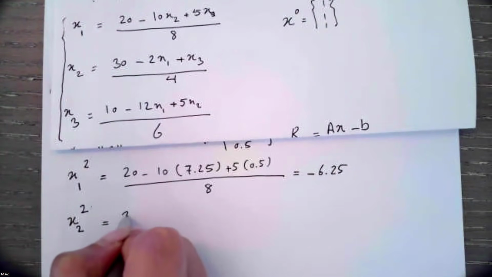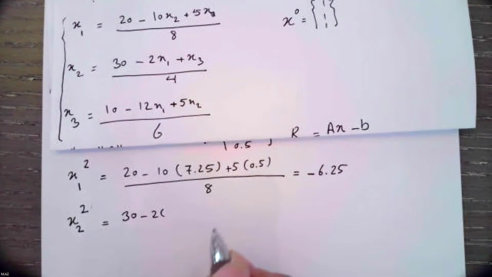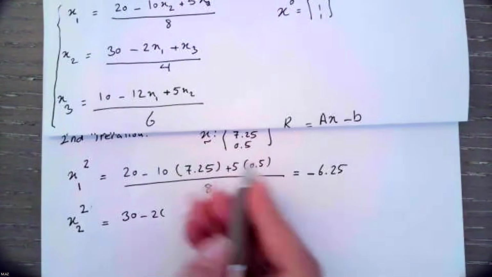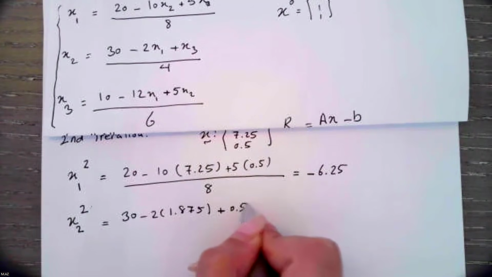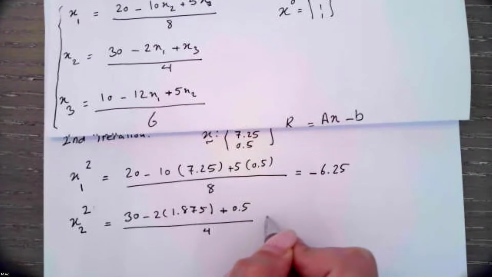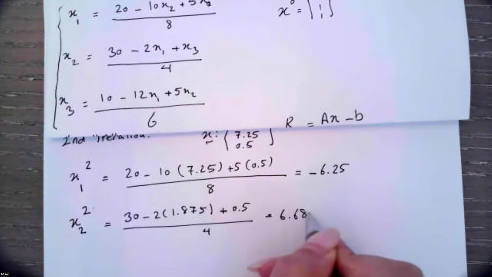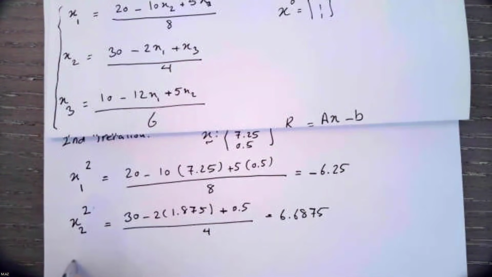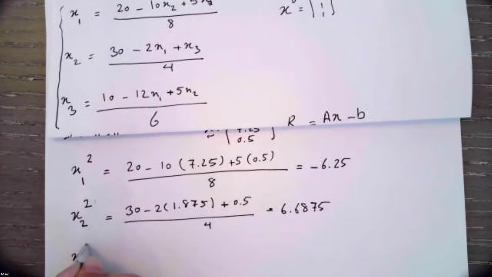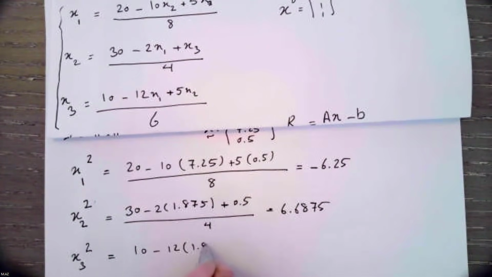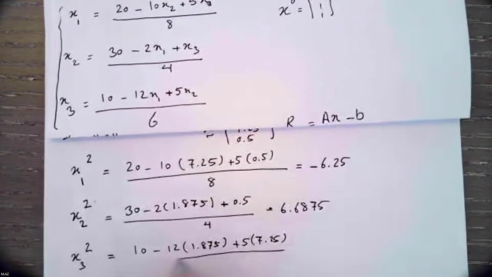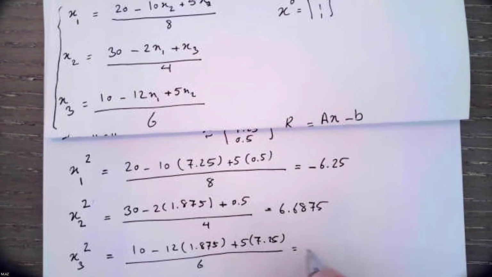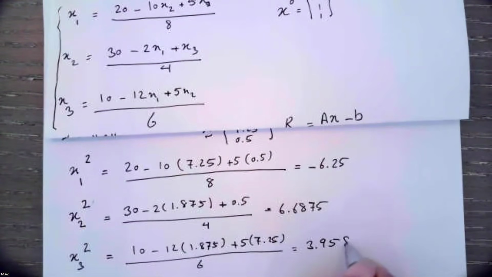The value of the x2 for the second iteration, again, the superscript shows the iteration level, we plug into this rearrangement. And this is the value of the x3 for the second iteration, which is 3.958.